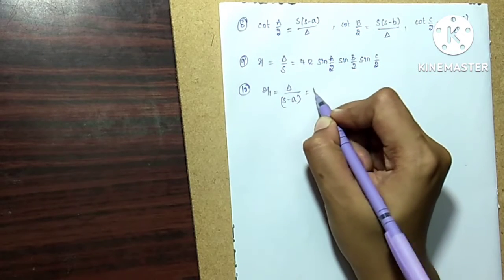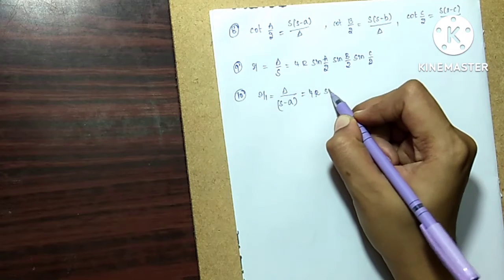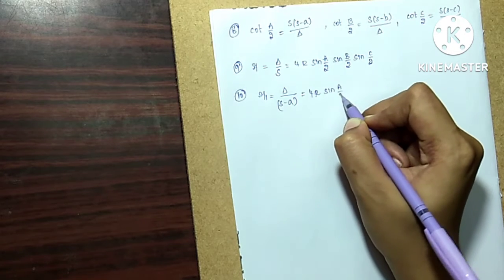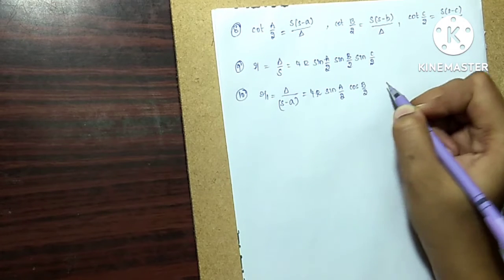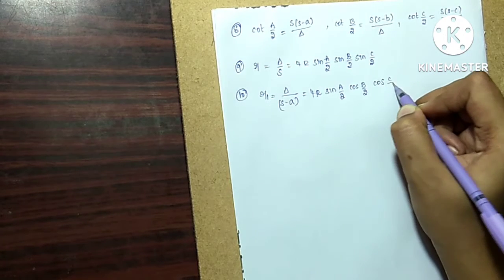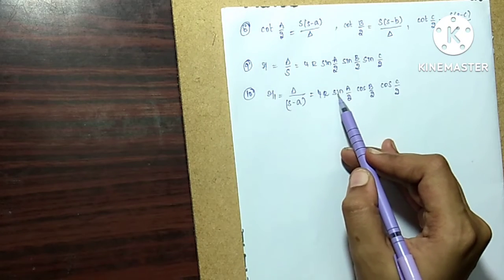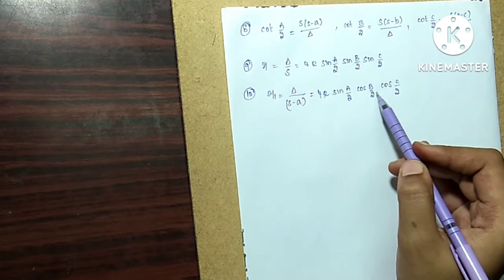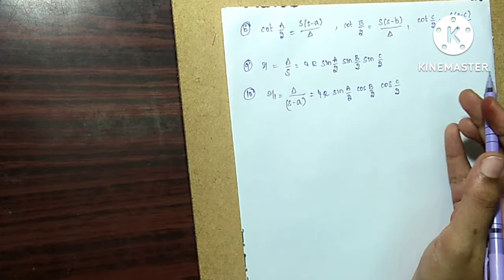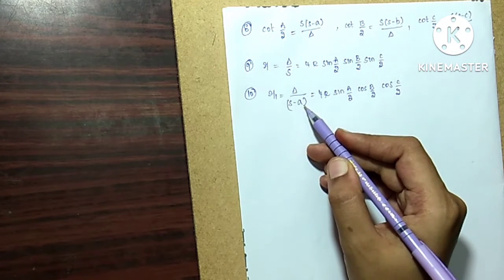For r1, it is 4R sine A by 2, cos B by 2, cos C by 2. We have just changed the sine form for A by 2, and for B by 2 and C by 2 we use the cos form, and for delta by s minus a we use s minus a.